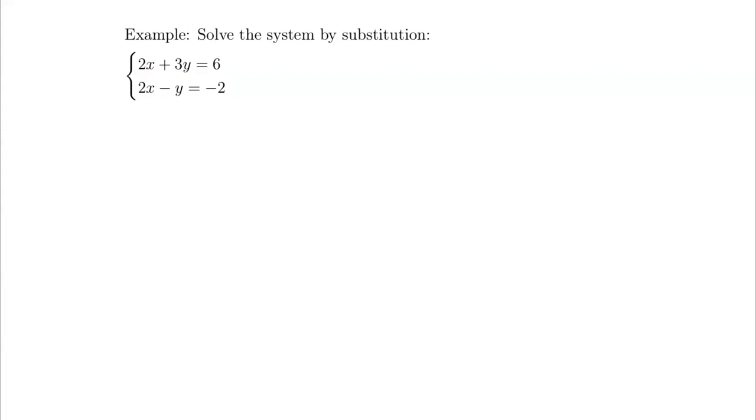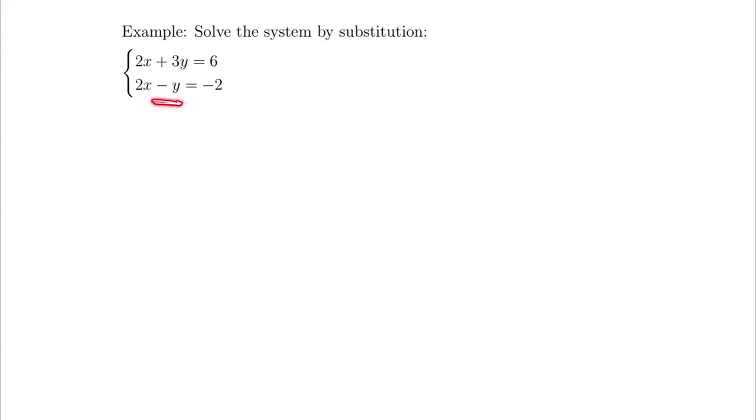Typically, we choose the variable that has nothing in front of it, like 1 or maybe -1. But if you don't have that case, for instance, in this system, we have negative y here. It's easy to solve the second equation for negative y.